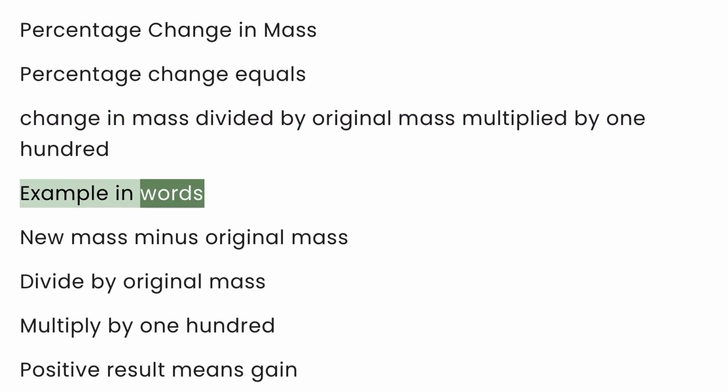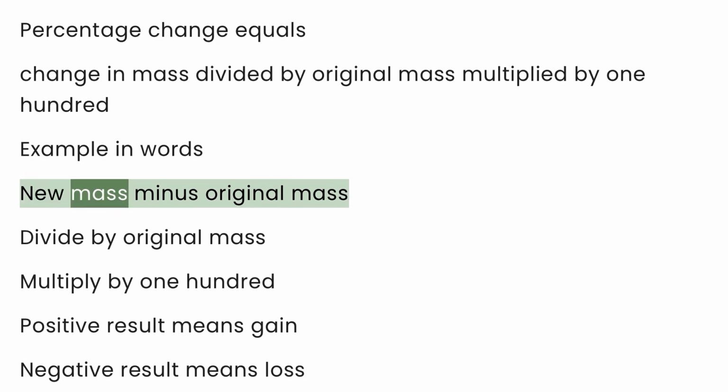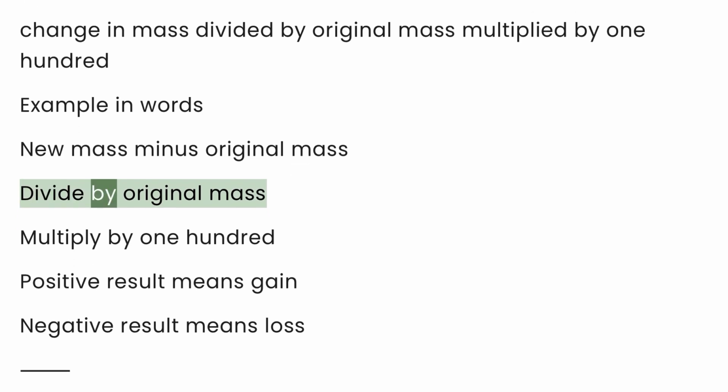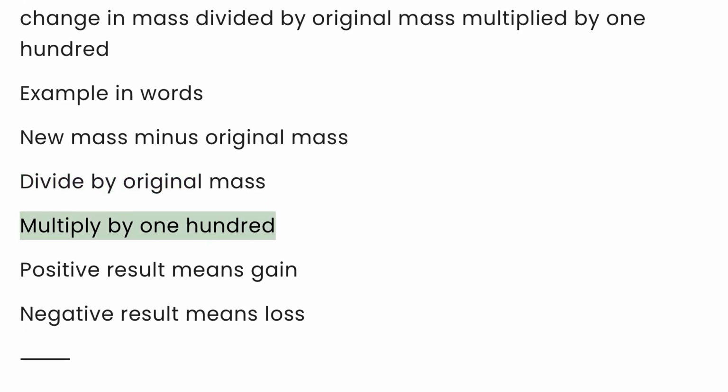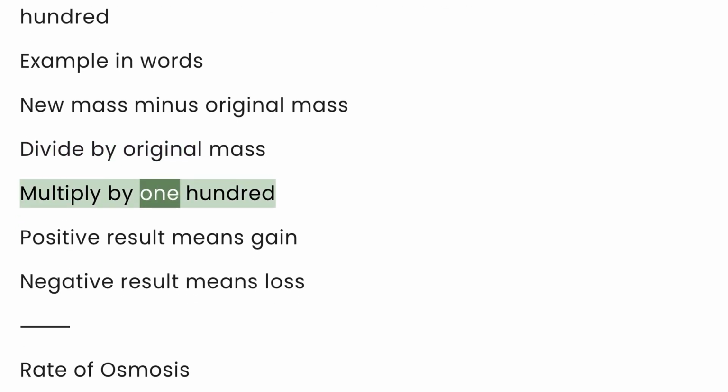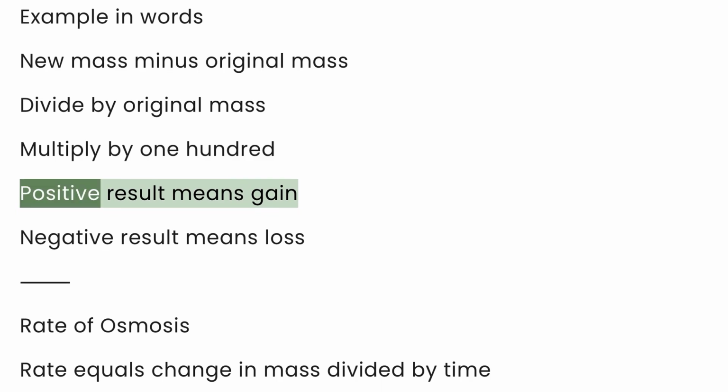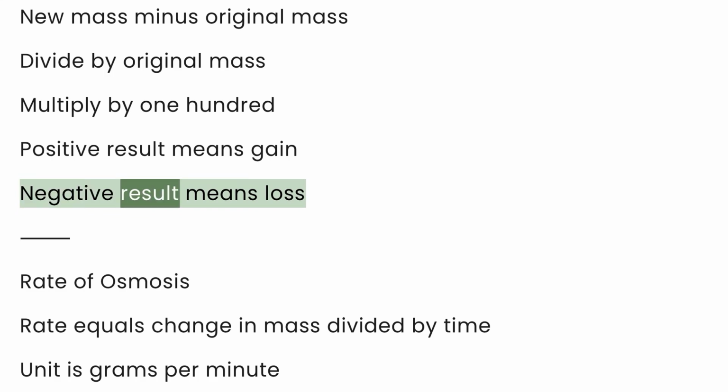Example in words. New mass minus original mass. Divide by original mass. Multiply by 100. Positive result means gain. Negative result means loss.